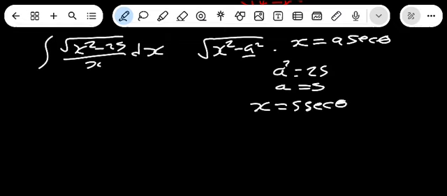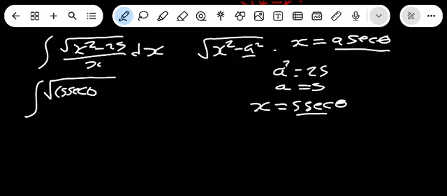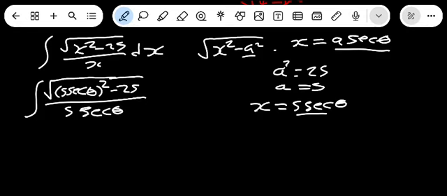So we can substitute into the integral. We'll have the square root of 5 sec theta squared minus 25, all over x, which is 5 sec theta, multiplied by dx.